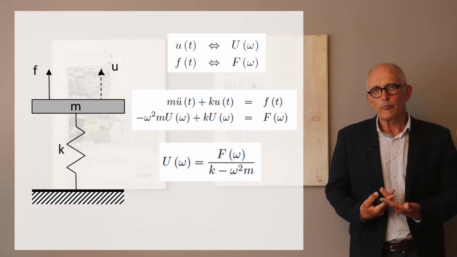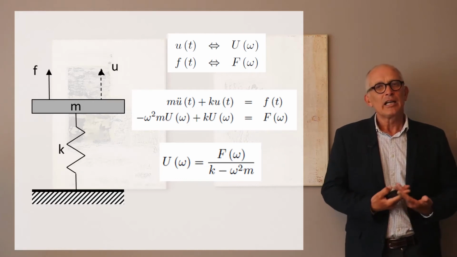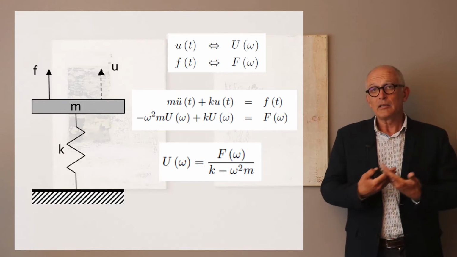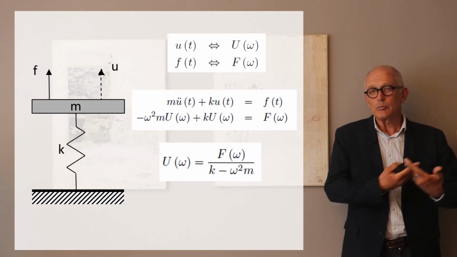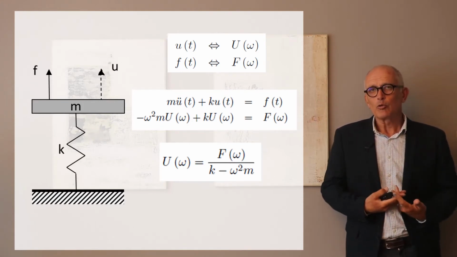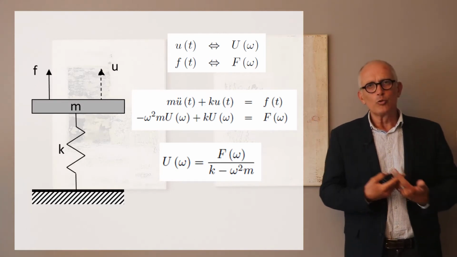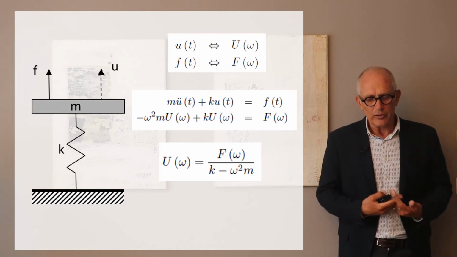an algebraic equation that we can very easily solve, and so the spectrum of displacement U(omega) is equal to the spectrum of force F(omega) divided by a term which depends on the two main physical constants of the system, K and M, but also on the pulsation omega, which as you remember is 2 pi times the frequency.